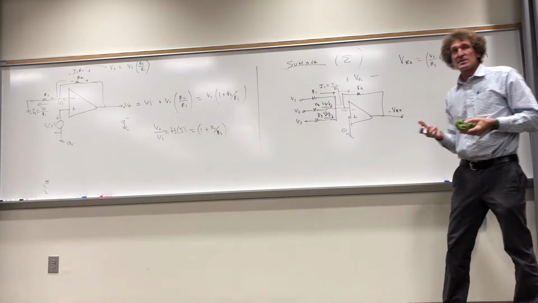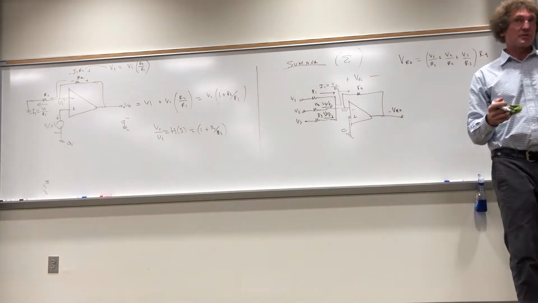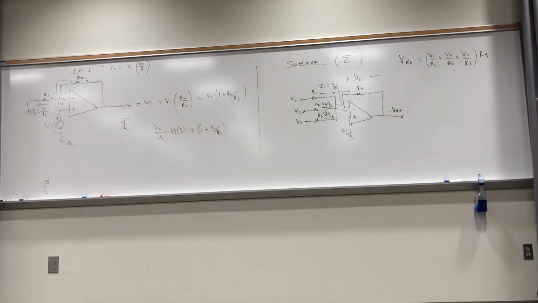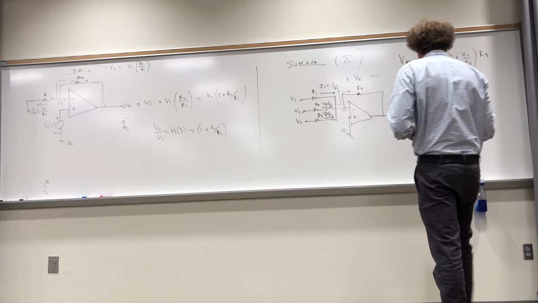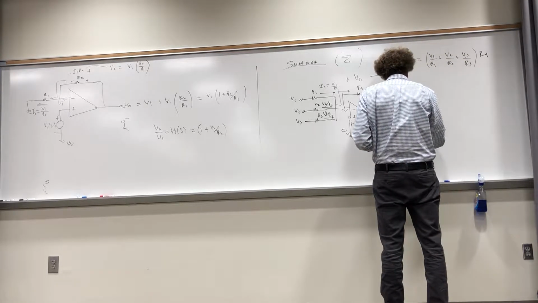But I don't want a minus, I want a positive. So what do I put in series with that? A simple inverter with 2 R's, both the same value, connected to the negative terminal. It doesn't matter what these R's are.